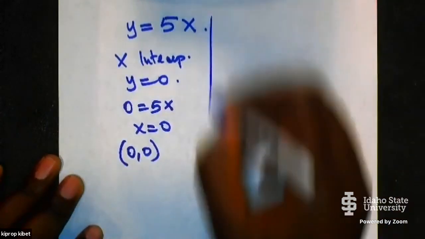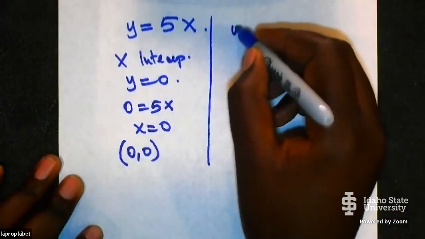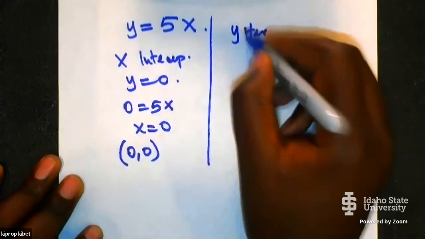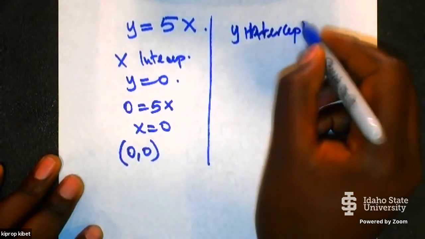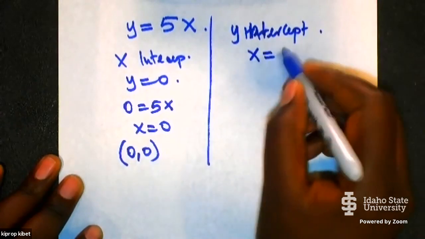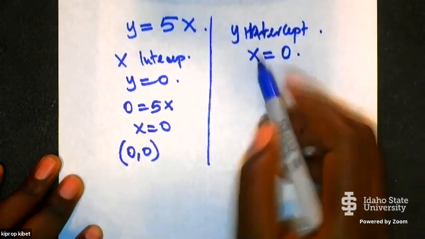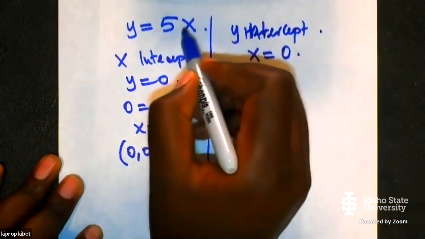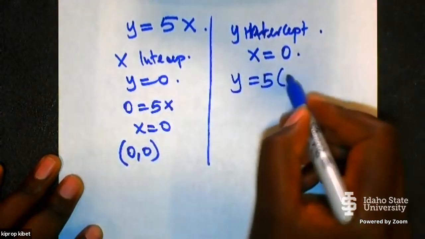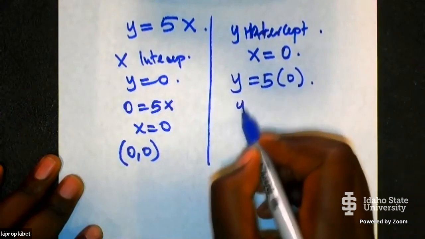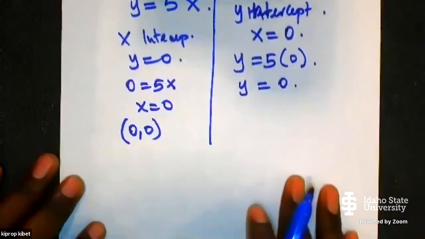Then we come to the next one, which is the y-intercept. So this is the point when x equals to 0. So when x equals to 0, then when you come and substitute here, then it will be y equals to 5 times 0 there. So y equals to 0.